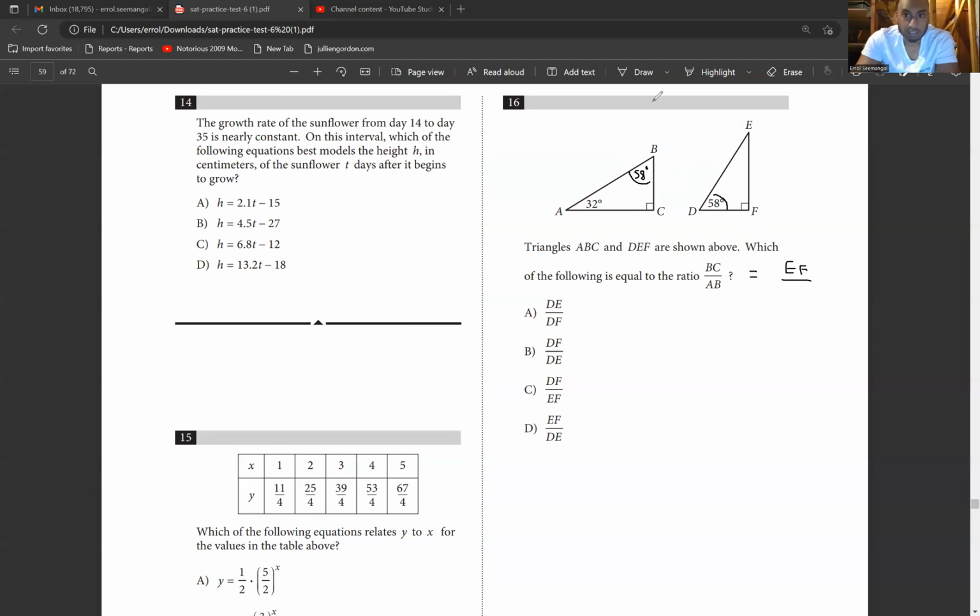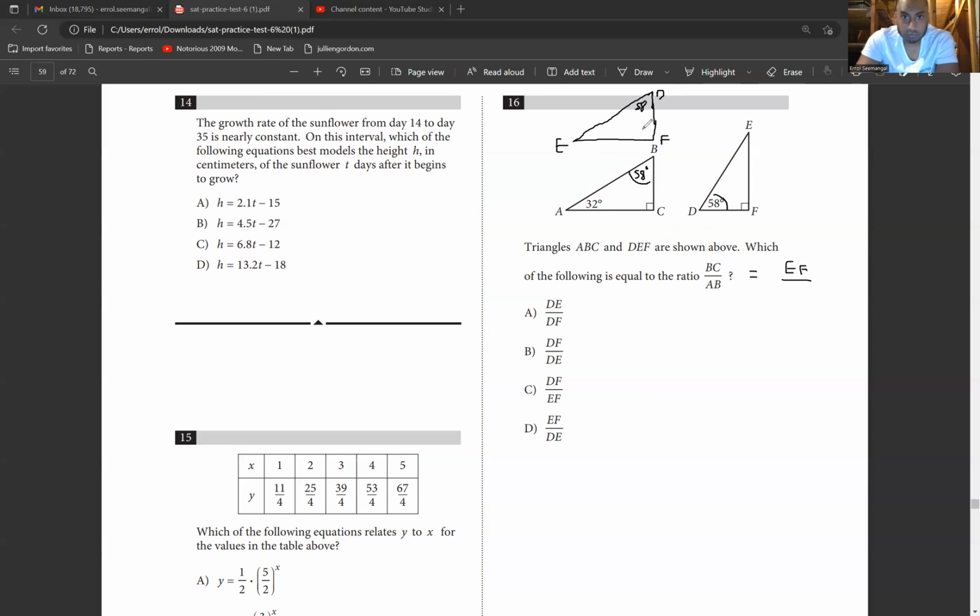Let me redraw the one on the right. If we redraw it, 58 would be right here. And that would be D. This one would be F, and this one would be E, right?